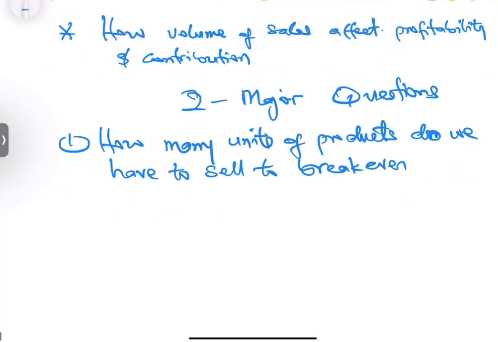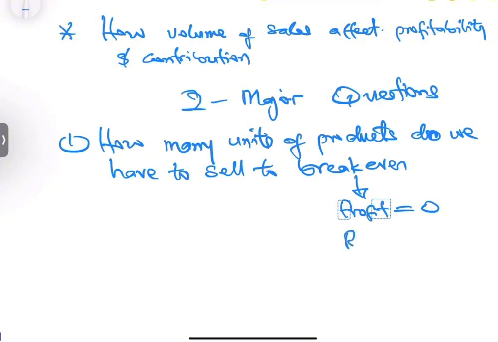Revenue being equal to the cost. No profit, but there is no loss either. Exactly. So when we talk about break even, we're talking about a situation when profit equals zero, because it's important that everything is clear to you. Profit equals zero.